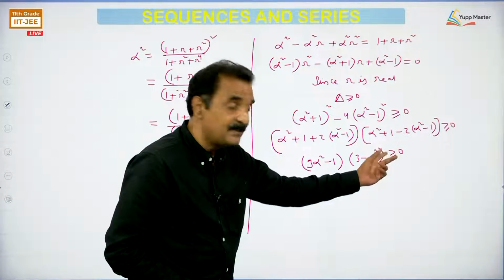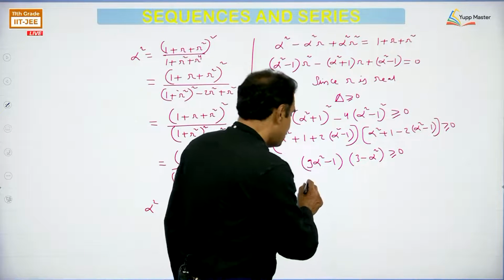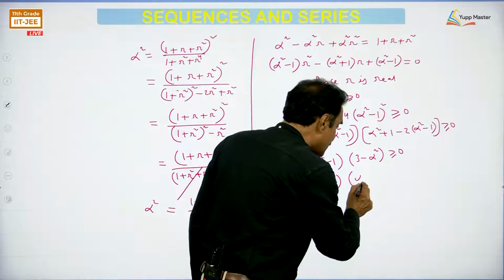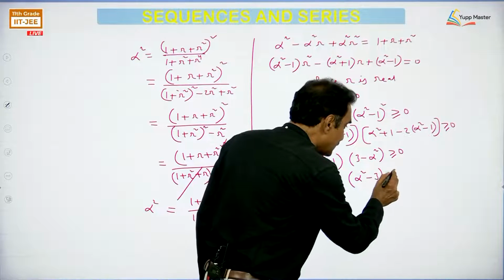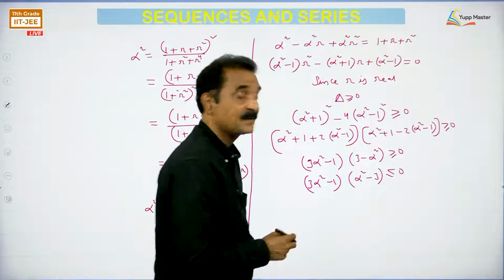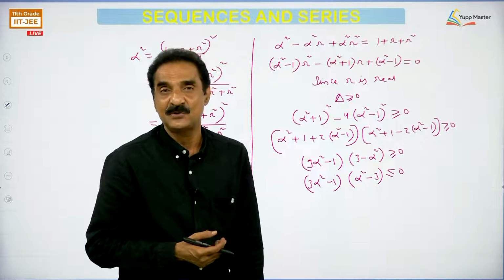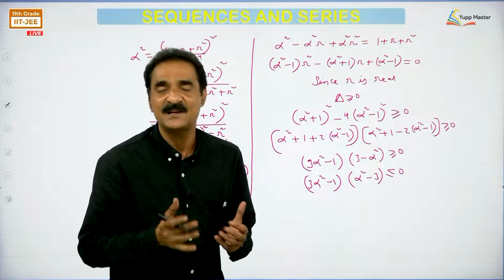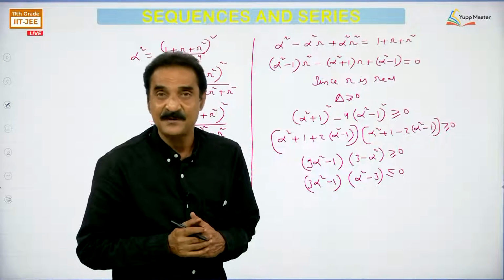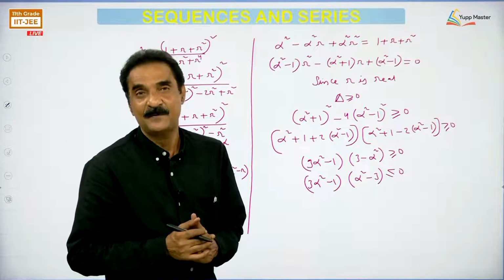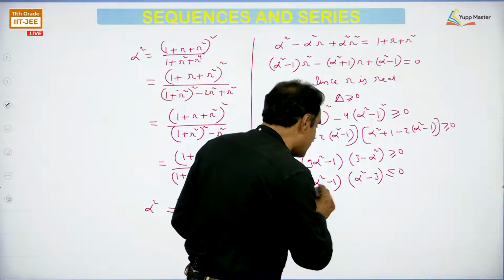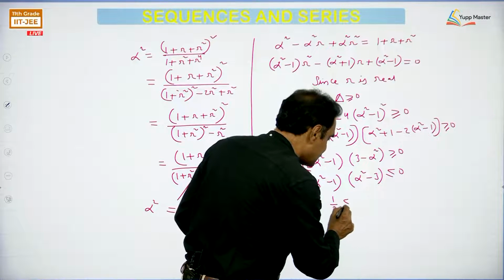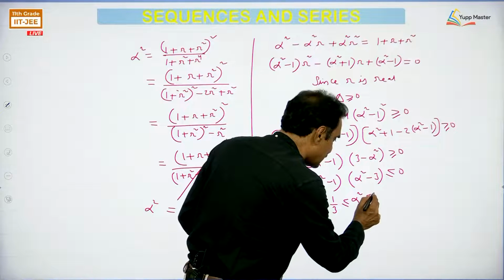So, this greater than becomes less than: 3 alpha square minus 1 into alpha square minus 3 less than or equal to 0. Then what is the solution? If x minus alpha into x minus beta is less than 0 or less than or equal to 0, x lies between alpha and beta. So, here alpha square lies between the roots 1 by 3 and 3. 1 by 3 less than or equal to alpha square less than or equal to 3.